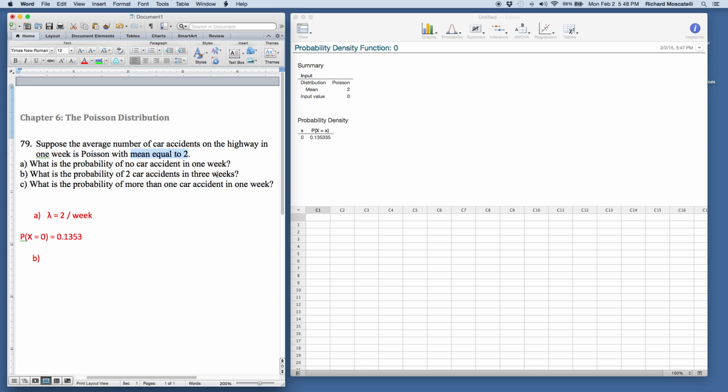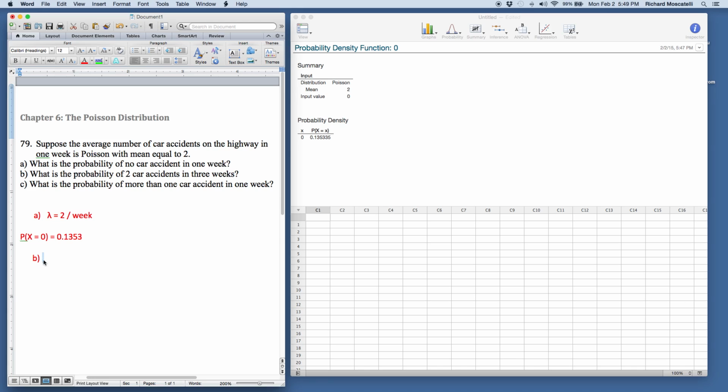If they change the time interval, then the number of car accidents that you would expect to see on average over those 3 weeks has to change. So something like this is kind of common sense. You could work this out in your head. If you're expecting 2 accidents per week, so over a 3-week time interval, you would expect to see about 6 accidents over 3 weeks. So in other words, the value of lambda is going to change.